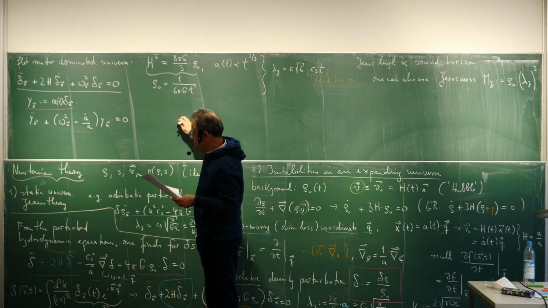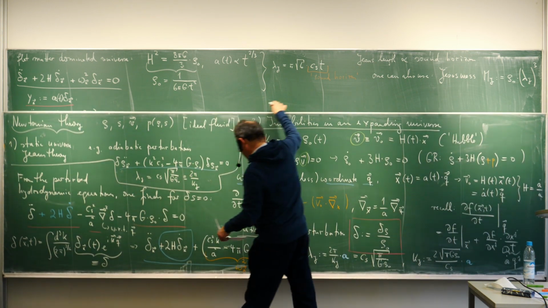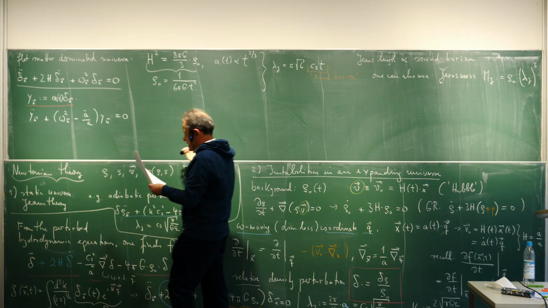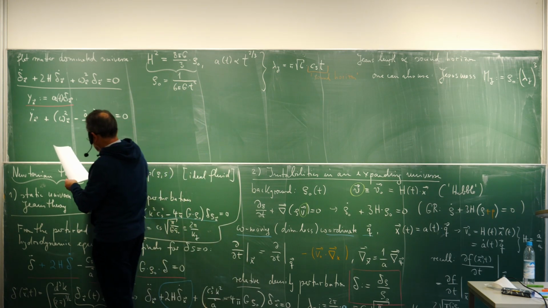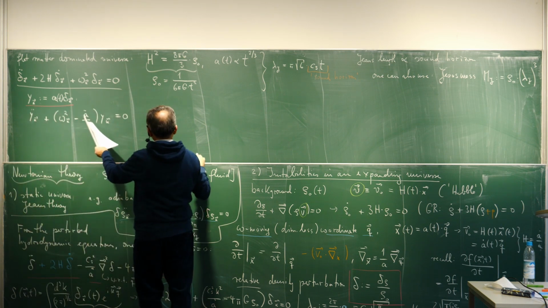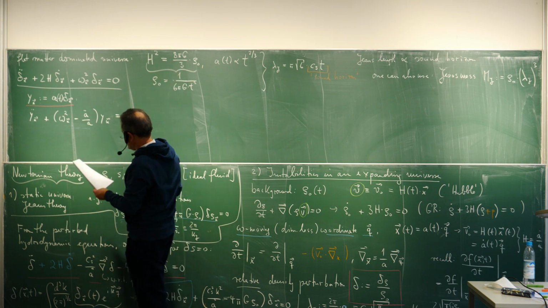Now let us insert what we had here for the omega_k squared. So that's what is written down here. And let us also substitute this by using this equation here.